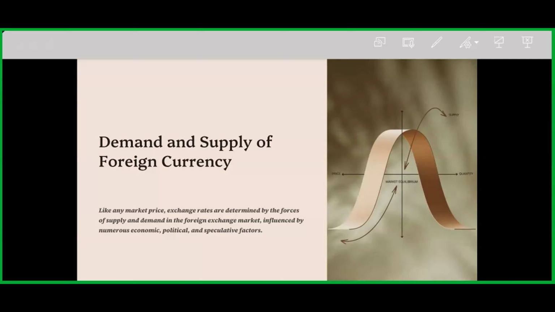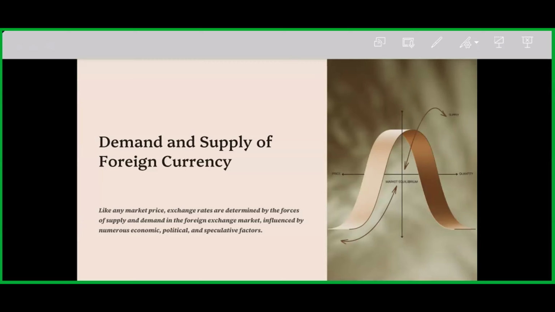Now the demand and supply of foreign currency: we understand how the value of any currency is decided on the international market. It is decided by two economic forces, that is, the demand for that currency and the supply of that particular currency in the market.